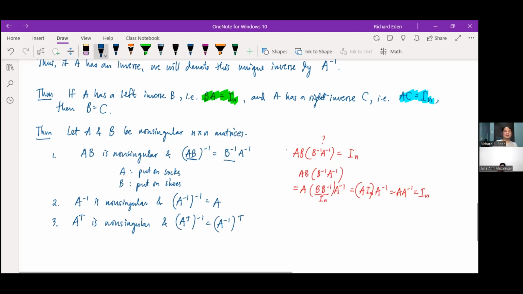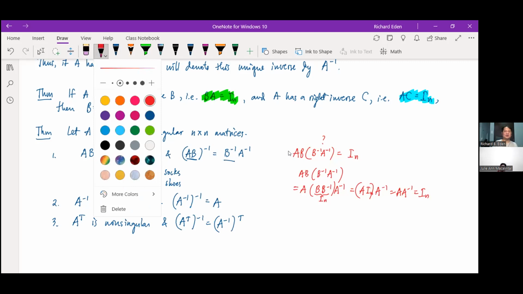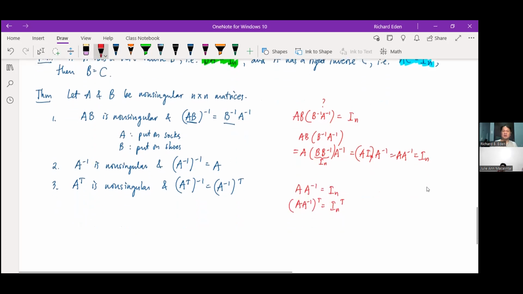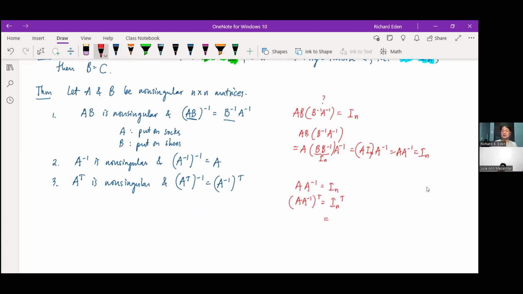That's because if you start from the fact that A times A inverse is the identity, when you take the transpose of the left, you should also take the transpose on the right side. But the transpose of the identity is itself.